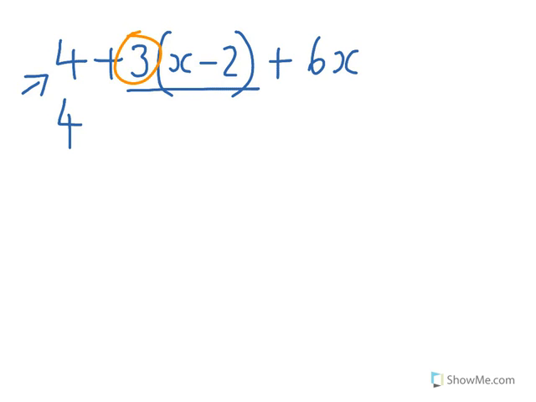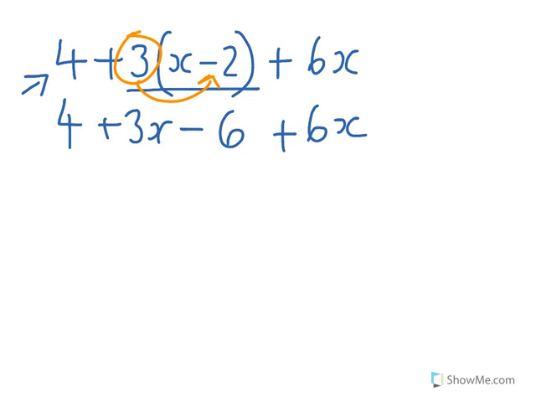So we're going to do 3 times x is 3x. And then we're going to do 3 times minus 2. 3 times minus 2 is minus 6. So there is the bracket multiplied. And on the end here we've got the plus 6x, which again hasn't had anything to do with the bracket. That's separate. Okay, so now the bracket has been multiplied out, we can now look to add like terms together.